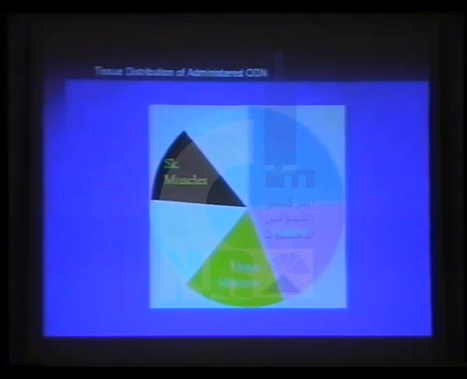But probably with the delivery systems we can use targeting molecules toward preferred tissues like liver or any other tissues. But the native SODN can be distributed fairly between the different tissues.